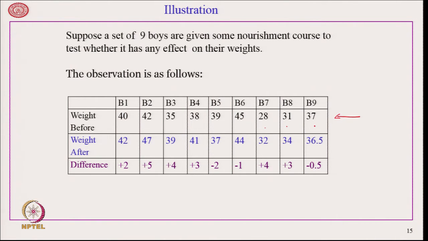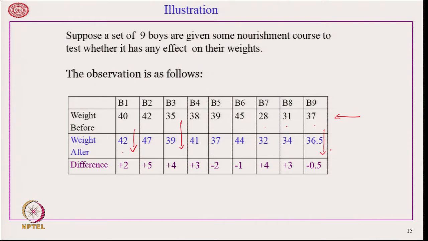Now, after the course is complete, their weights are measured again, and this is the weight after the course is done. The boy with 40 has now become 42, the boy with 35 now has a weight of 39, and similarly the one with 37 now has a weight of 36.5.